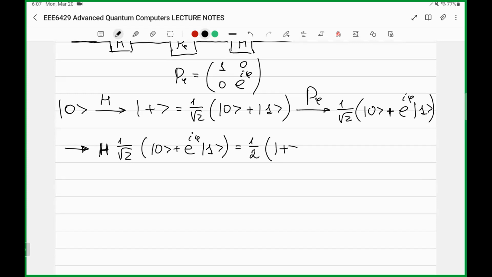So here I have this state plus, then plus e to the power of i phi, it doesn't depend on this. The Hadamard gate doesn't affect this phase prefactor, and state 1 turns into state minus.